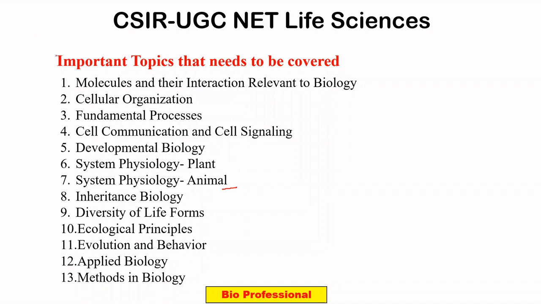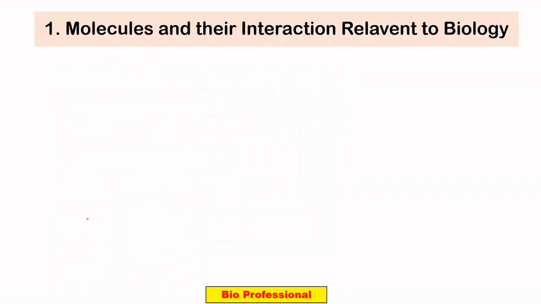You can see here there are 13 units: molecules and their interaction relevant to biology, cellular organization, fundamental processes, cell communication and cell signaling, developmental biology, plant physiology, animal physiology, inheritance biology, diversity of life forms, ecological principles, evolution and behavior, applied biology, methods in biology. Together this is a very vast syllabus. So you have to break it down into small parts and start the preparation.